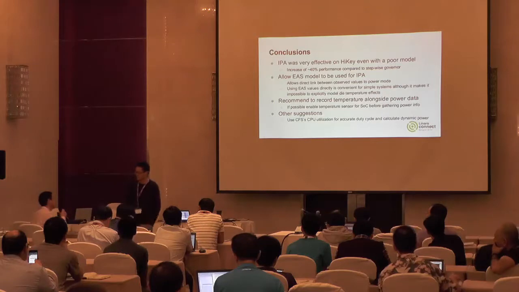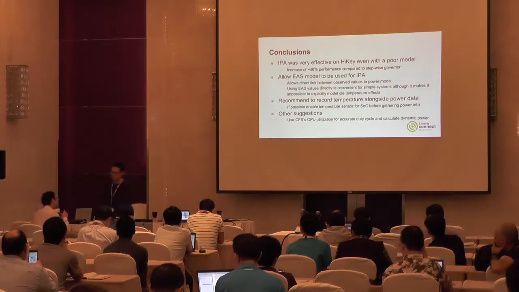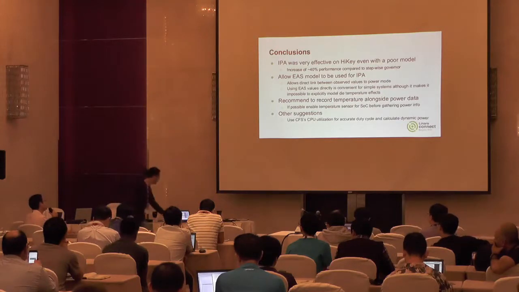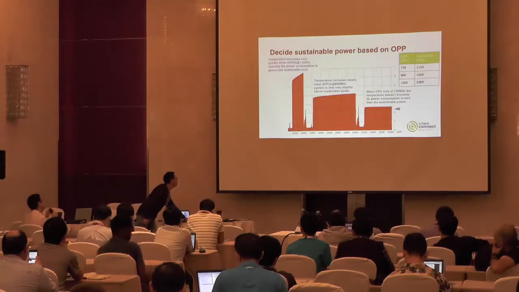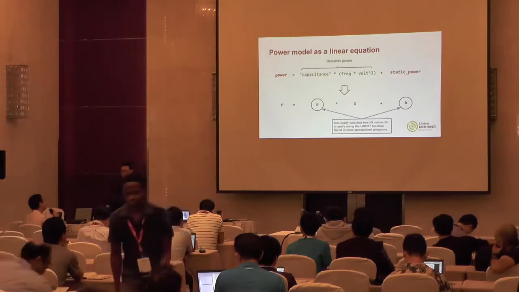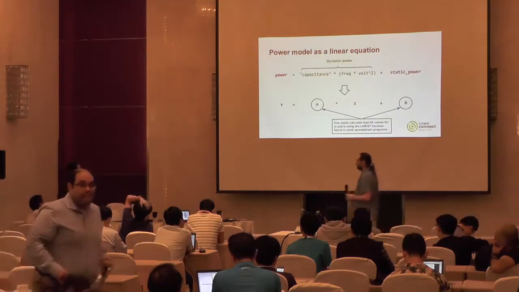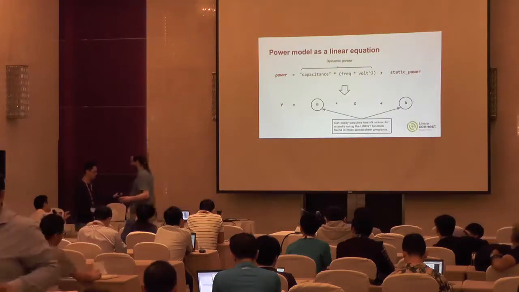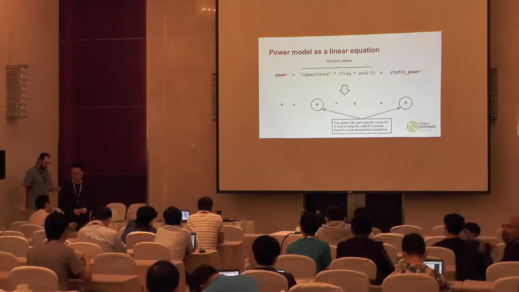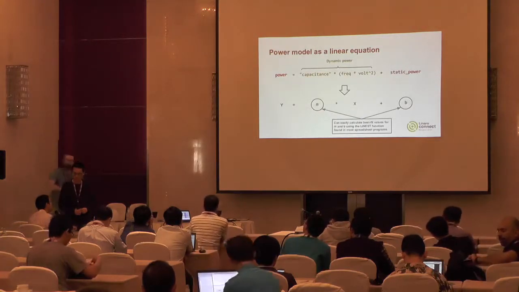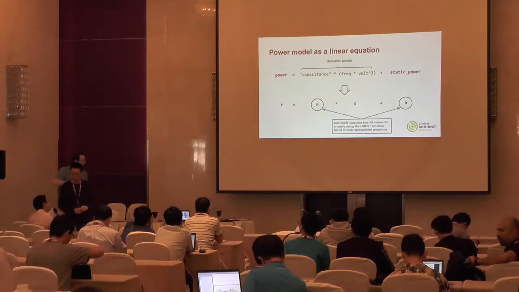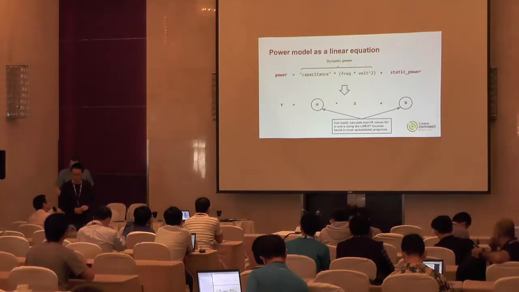Also a question about the power model equation. The equation has static power. Sometimes the static power may be the cluster part, or maybe some other non-idle CPU part. So what do the details of static power mean?